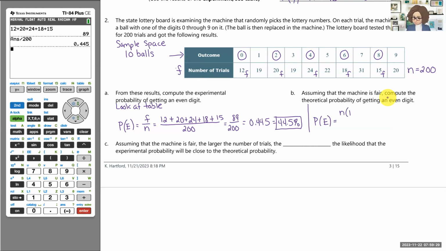So theoretical probability, we look at the machine itself and look at the number of even digits, so the number of balls that have even numbers, and we divide it by the number of balls in our sample space. All right, I'm just going to put down my denominator. So there's 10 balls in the machine. And of those balls, so out of those 10 balls, 1, 2, 3, 4, 5, 5 are even.